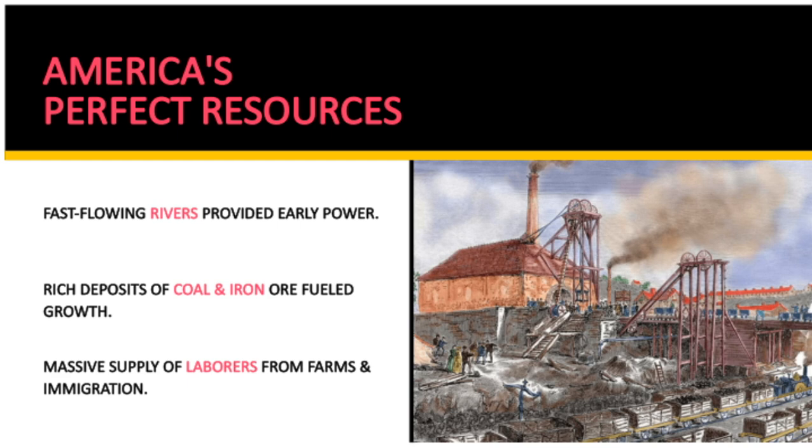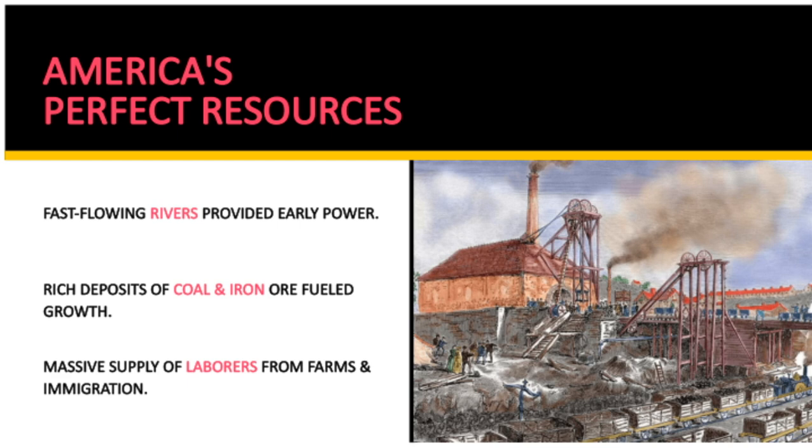Next, we have rich deposits of coal and iron ore. These natural resources were essential because they powered the growth of industries like steel production and energy generation. They really served as the backbone of America's industrial boom. Additionally, fast-flowing rivers played a crucial role by providing early power sources.